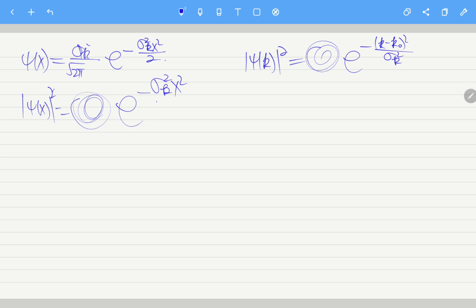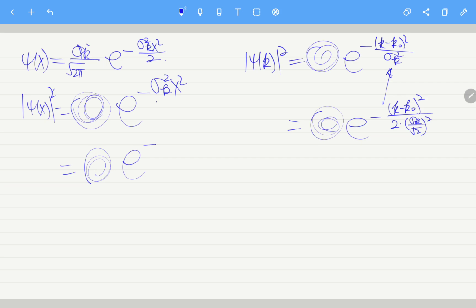In that case, this is the standard deviation: something times exponential to minus (k minus k0) squared over 2 times (sigma_k over square root of 2) squared, and here something times exponential to negative x squared over 2 times (square root of 2 sigma_k) squared. The 2 cancels with this 2, and then this sigma_k squared goes up like this.